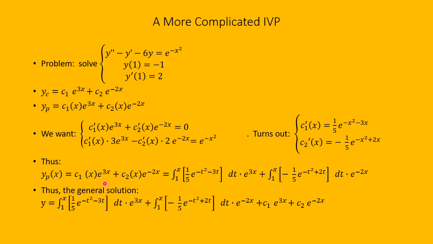Well, it's c1 of x e to the 3x plus c2 of x e to the minus 2x plus the solution to the corresponding homogeneous problem, the complementary function in other words. And that's just some constant times e to the 3x plus another arbitrary constant times e to the minus 2x.